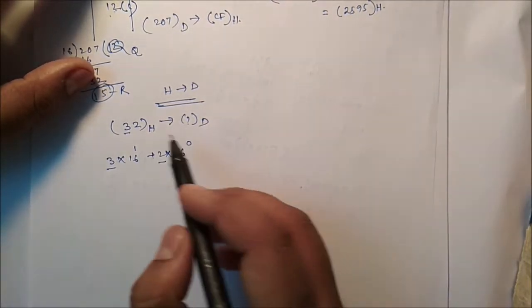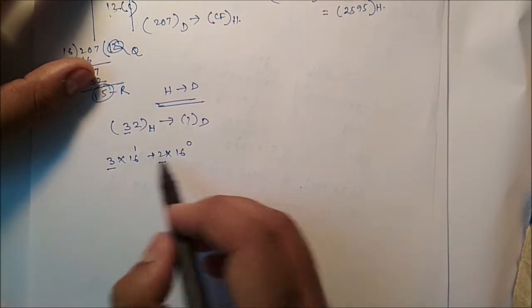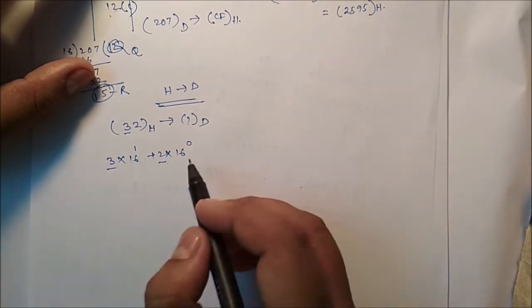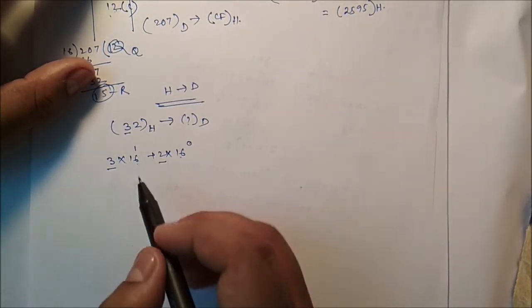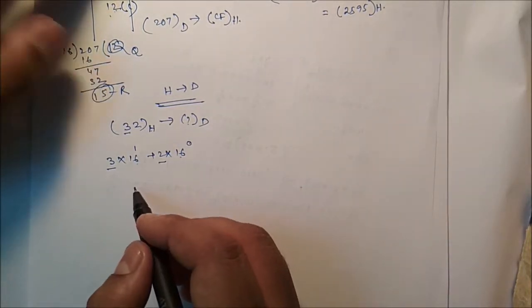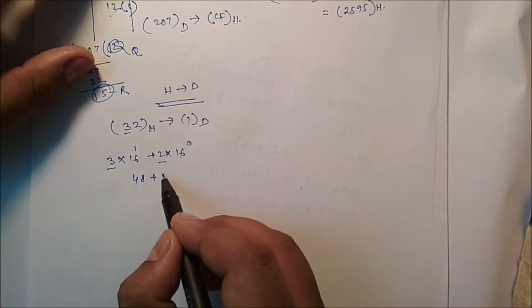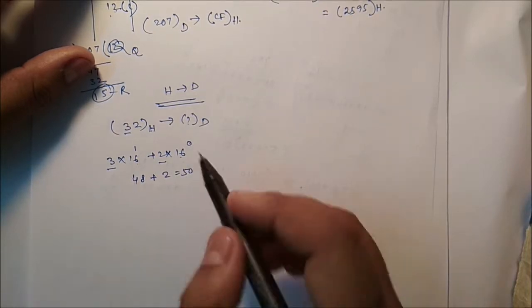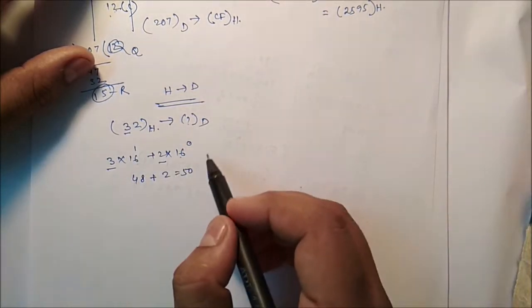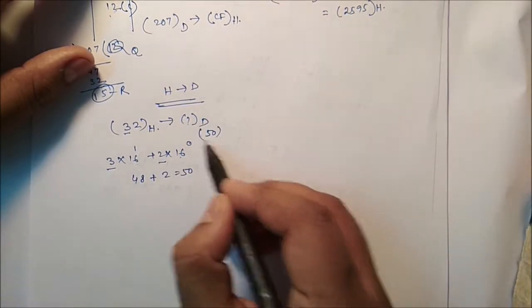Since we are converting from hexadecimal, we use the base 16. That is 48 plus 2, which is 50. So 32 in hexadecimal has the associated decimal value 50.